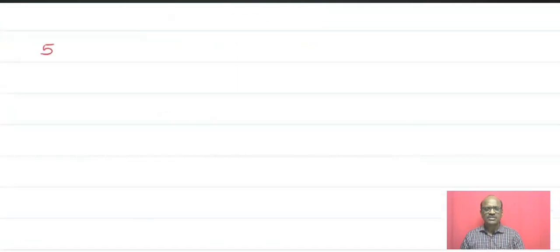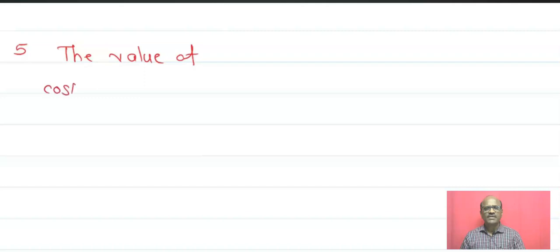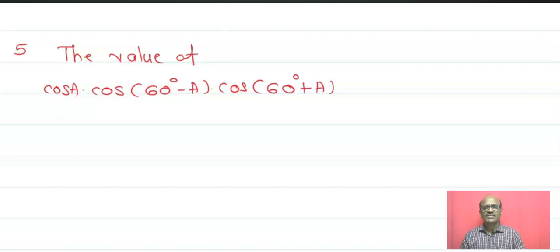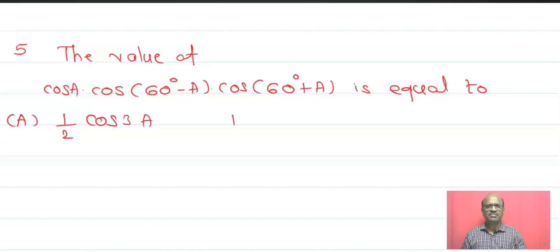Now question number 5. The value of cos A cos of 60 minus A cos of 60 plus A is equal to, this is a very nice problem.